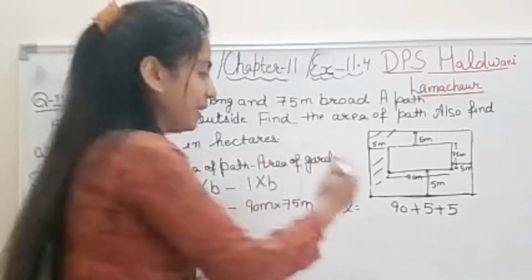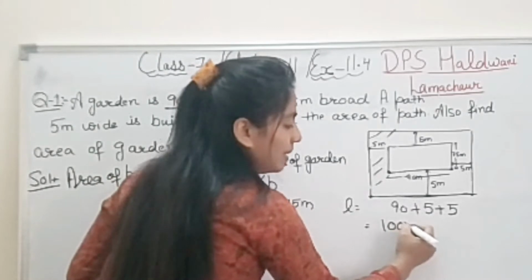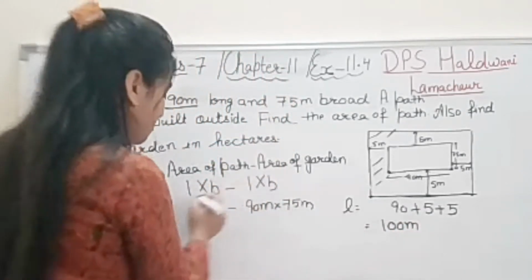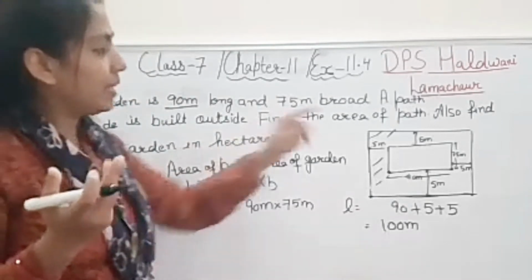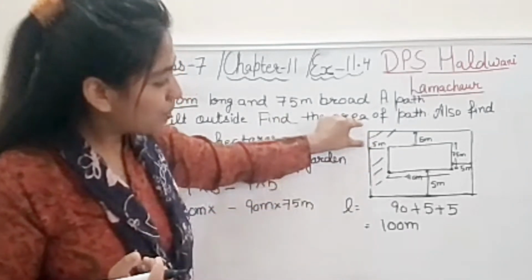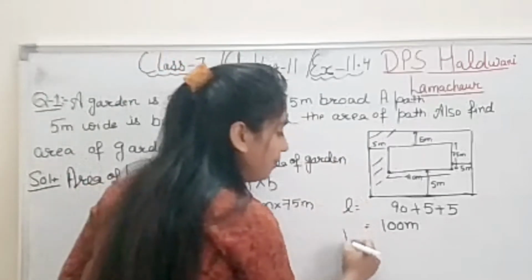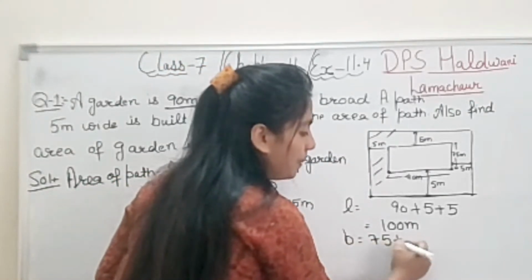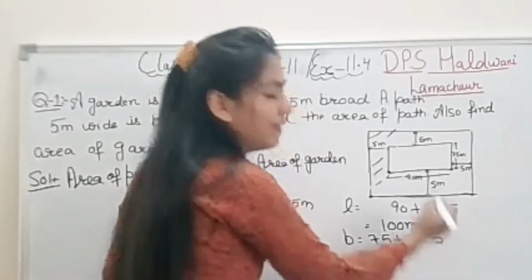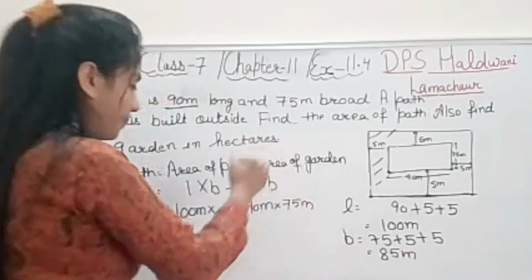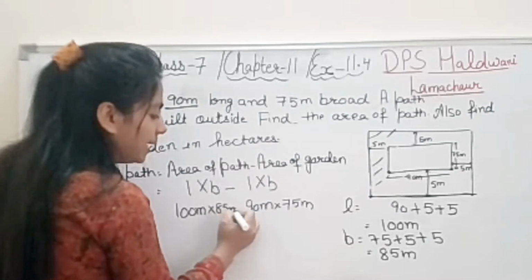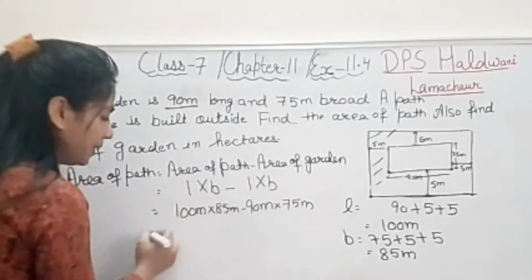Right, student? So total will be 100 meter. It means length of path is 100 meter. In the same manner breadth: this much is 75, so plus 5 plus 5. So breadth will be 75 plus 5 left hand side plus 5 right hand side. So total will be 85 meter. Right, student? Now do the calculation.